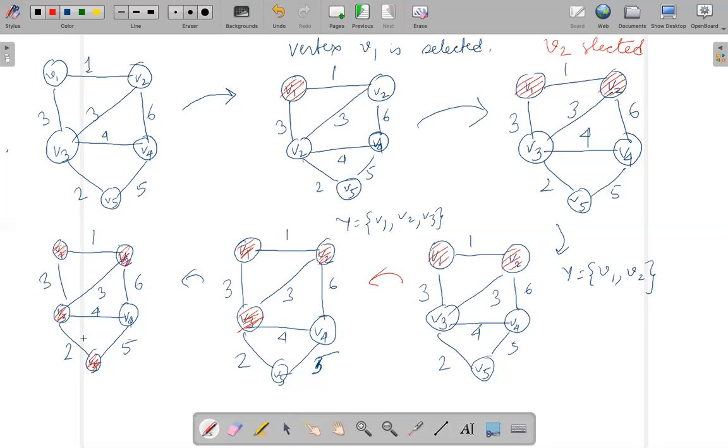Okay, so now at this point our Y is V1, V2, V3 and V5, and then in the final step we will include V4. Okay, we will visit V4.